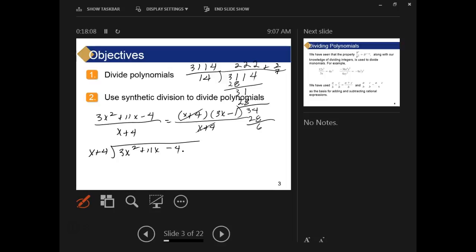We start on the left and divide x into 3x squared. How many times will that go? So again, x into 3x squared. Now you're dividing, not subtracting. 3x. Perfect.